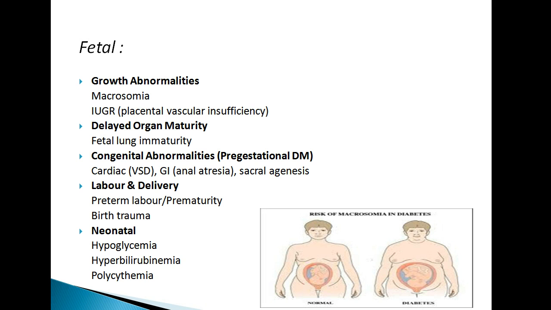During the labor and delivery, the patient may have preterm labor or prematurity and birth trauma, especially shoulder dystocia if you deliver the baby vaginally, and metabolically the baby may have hypoglycemia, hyperbilirubinemia, and polycythemia.